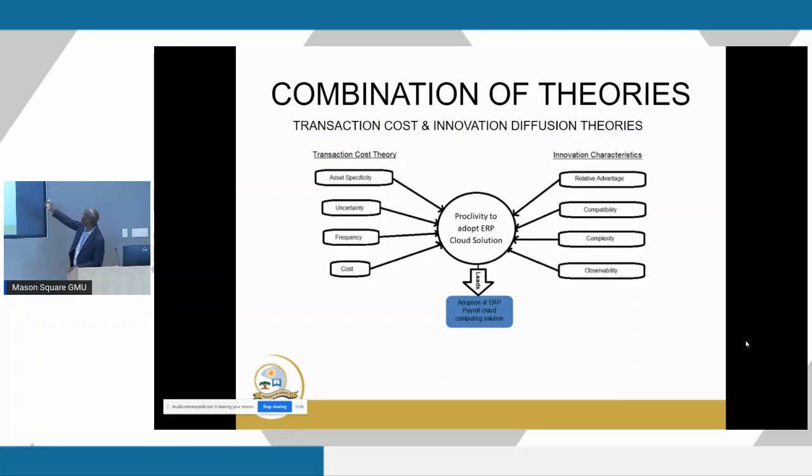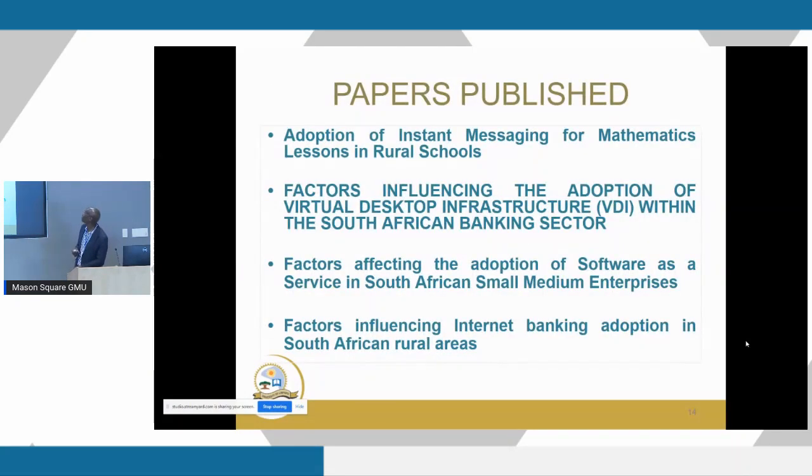So we used two theories in that particular case to try and understand the problem we're dealing with. We used transaction cost theory, a theory that you find in economics, and then we also used diffusion of innovation theory, which is also used in psychology. So from time to time, we take theories from other fields, as long as that theory can help us understand our problem better in terms of use and adoption.